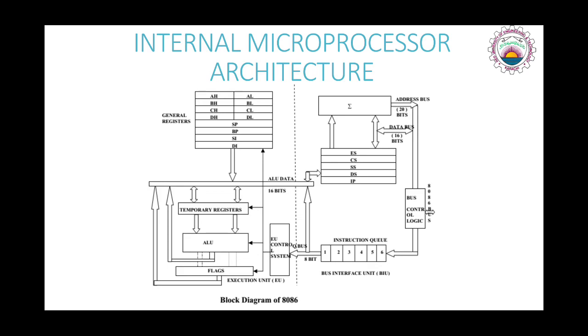You may see that here we are discussing the 8086 microprocessor, so the instruction queue is of 6 bytes. Whenever the execution unit is free to execute the next instruction, it will be picking the next instruction from the instruction queue. So there is no need to visit memory for picking the next instruction, but the next instruction will be provided from the instruction queue.